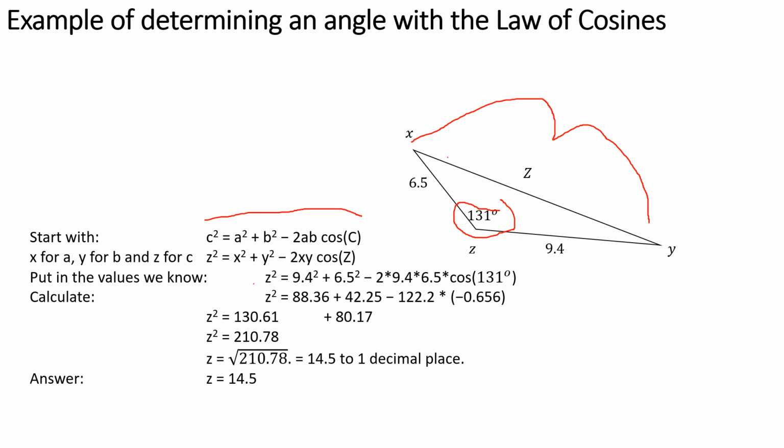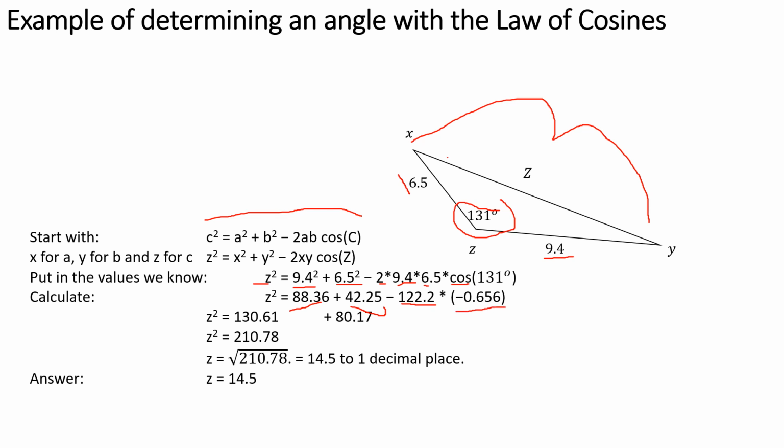So Z squared equals A squared, which is 9.4 squared, plus b squared, 6.5 squared right there, minus 2 times 9.4 times 6.5 times cosine of that C, which is 131 degrees. 9.4 squared is 88.36. 6.5 squared is 42.25. Minus 122.2, which is 2 times 9.4 times 6.5. And the cosine of 131 degrees is negative 0.656.